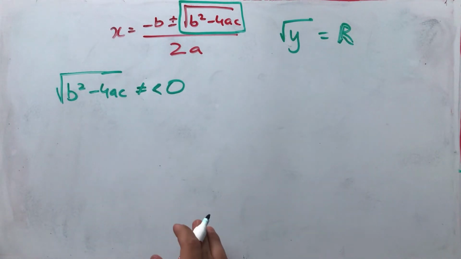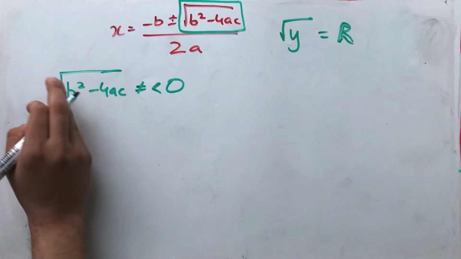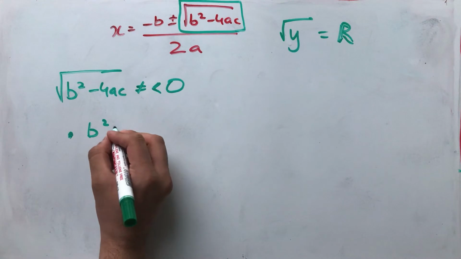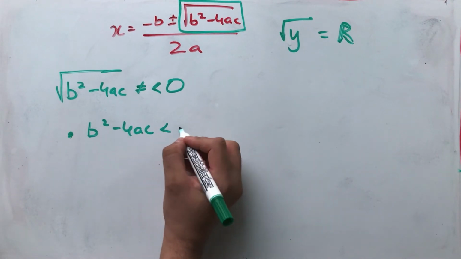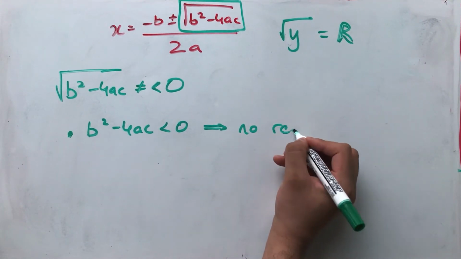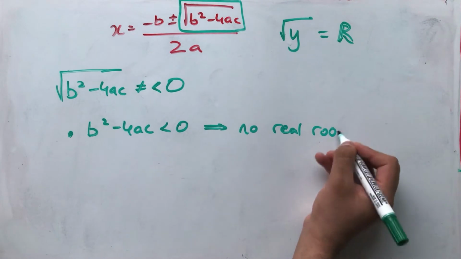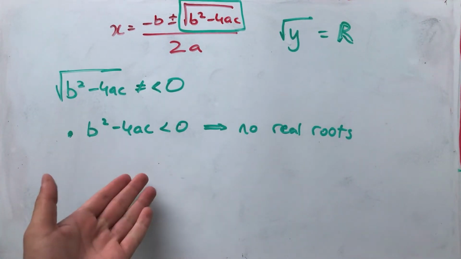So now, from this, we can derive 3 rules. First, if b squared minus 4ac is less than 0, it has no real roots, because that means it's negative, and it can't be negative.